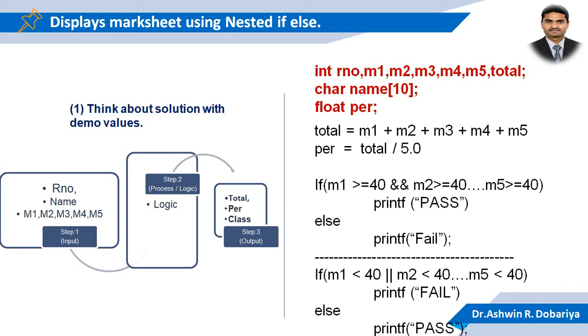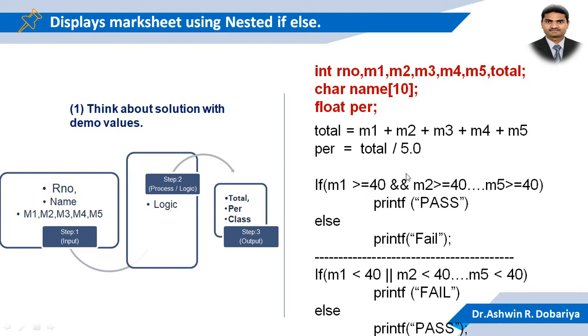So we can give a pass result only in the case where subject 1 marks is greater than 40 and subject 2 marks is greater than 40. Similarly, subject 3, 4, 5 marks are greater than 40. It means all subject marks must be greater than 40, and only then can we declare a pass result.